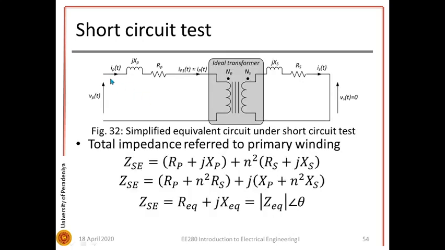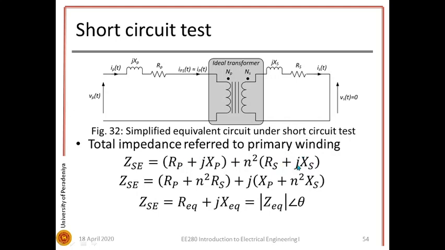When we do that, this would be the reduced circuitry. We can now write an equation for the total impedance referred to the primary winding. That would be the primary impedance plus the secondary impedance referred to the primary. So we have Rp plus jXp plus n squared times Rs plus jXs.